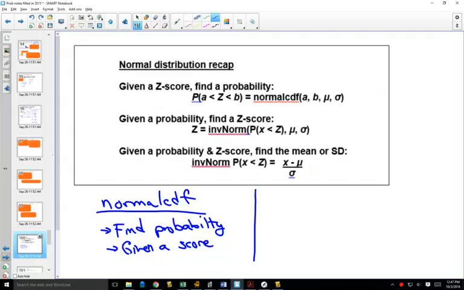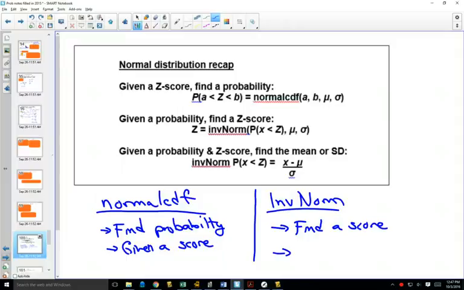Your inverse norm ones are the opposite. So when do we want to use our inverse norm? Well, now we're asked to find a certain score. You're given a percentage, and you're asked to find a score.